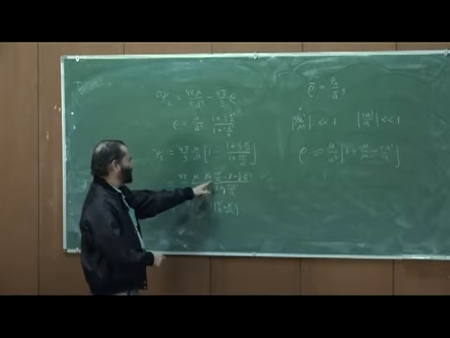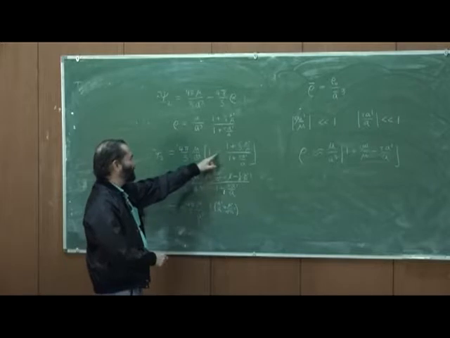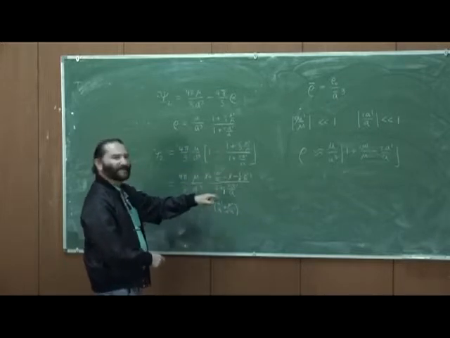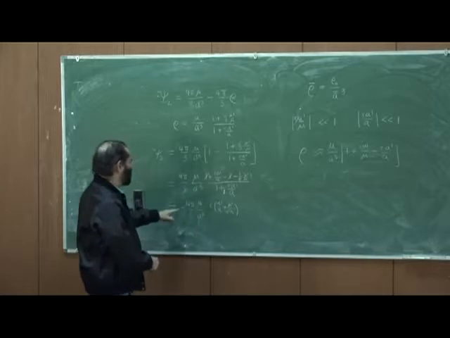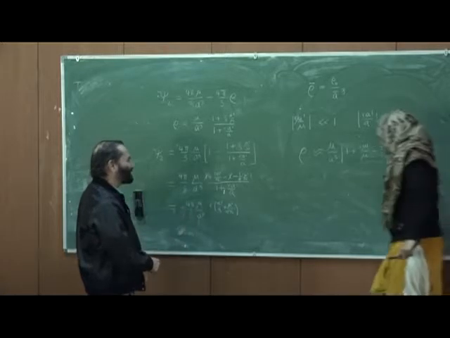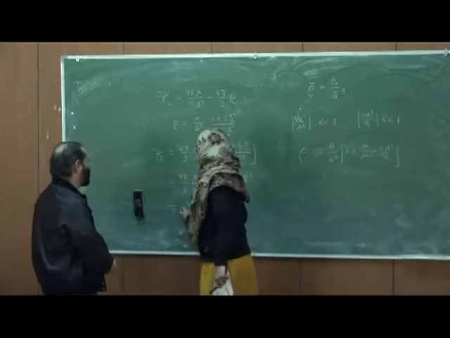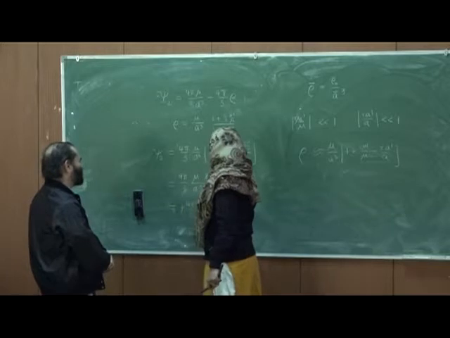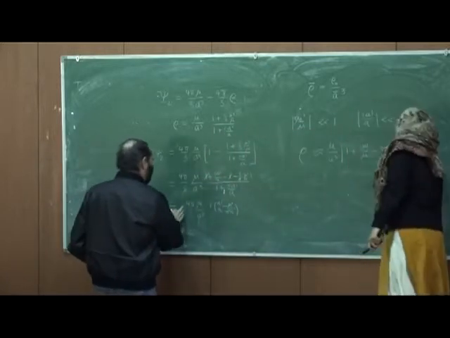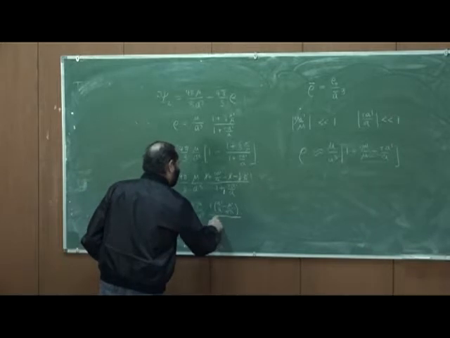Is it minus? This is plus. Because it's minus minus. She is telling me the initial you wrote minus, no? Yes, it's here. So really this should be plus 4 pi by 3. Ah, yes, that's true. Okay, so we have something there.